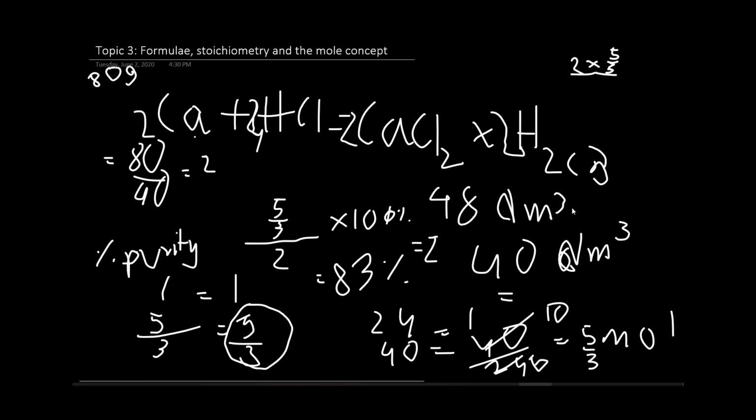Below we'll have Mr, which is the same 2, multiplied by moles, which is 2 again. So we can eliminate these, and there's a 100% here as well.